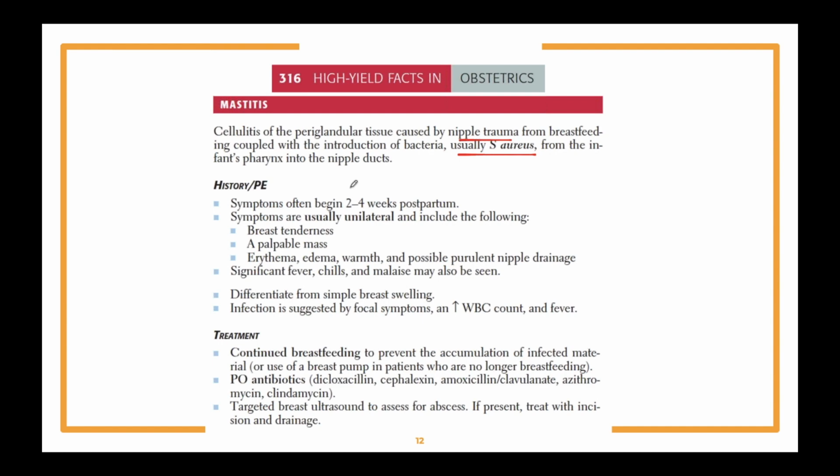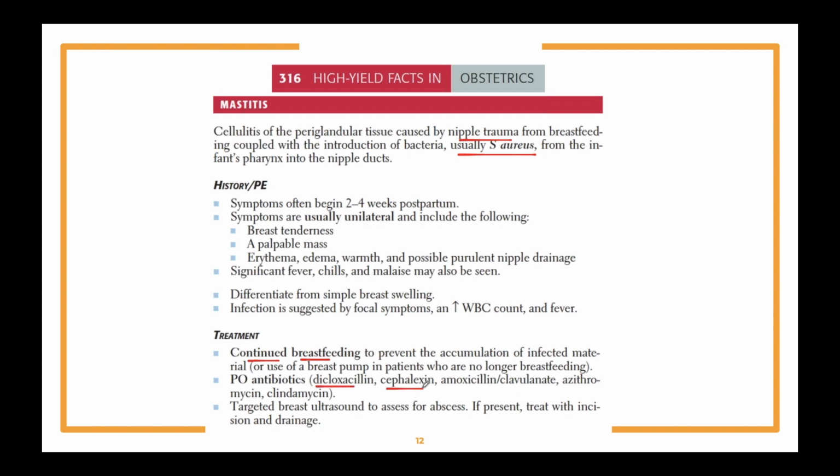Now the treatment is that you want patients to continue breastfeeding. You do not want that infected material to accumulate. You want them to either continue breastfeeding or use a breast pump if they're not breastfeeding. You want to keep those ducts open. On top of that, you would want to start oral antibiotics to cover against Staph aureus. Most commonly it would be dicloxacillin or cephalexin.